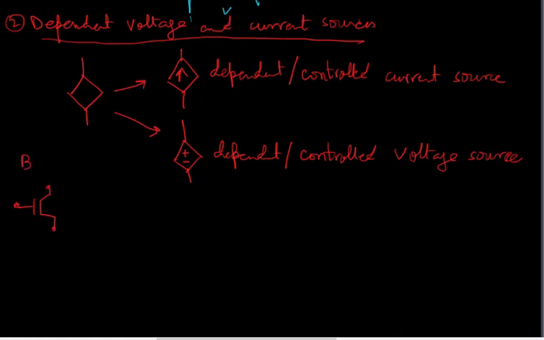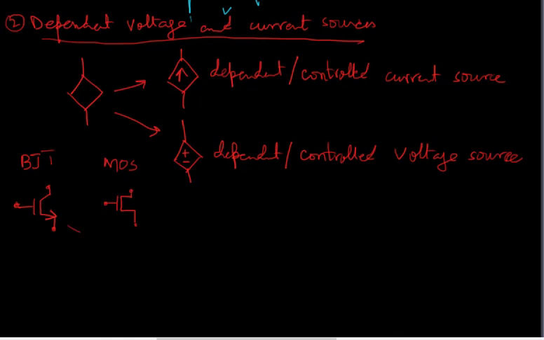One is called the bipolar junction transistor, and the other is called the metal oxide semiconductor transistor. You are going to learn about those in your electronics courses. They have slightly different symbols as well. So this one looks like this, the other one looks like that.